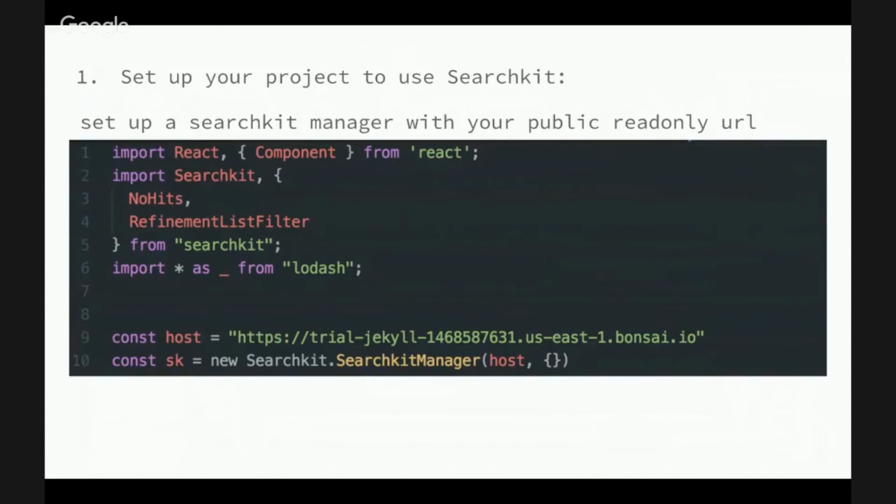So to set up your project to use SearchKit, I've already, in this example, set up Webpack and NPM and everything. You can see that I'm importing React since it's SearchKit's dependency, and I'm also using some of SearchKit's components, no hits, and refinement list filter. And then I'm setting up a SearchKit manager constant by using the public URL that I have listed here, because that's going to show up in my JavaScript.